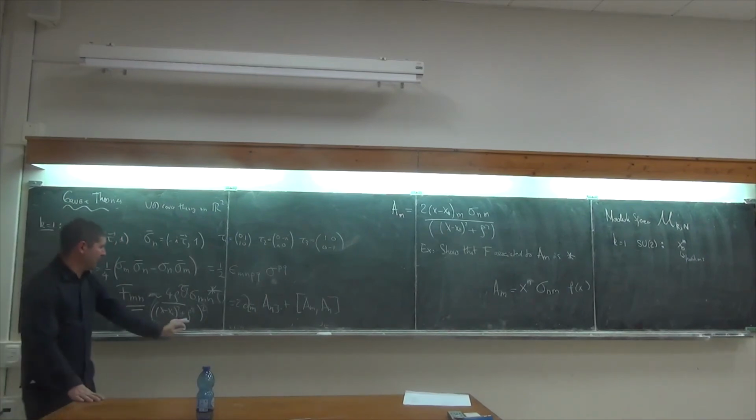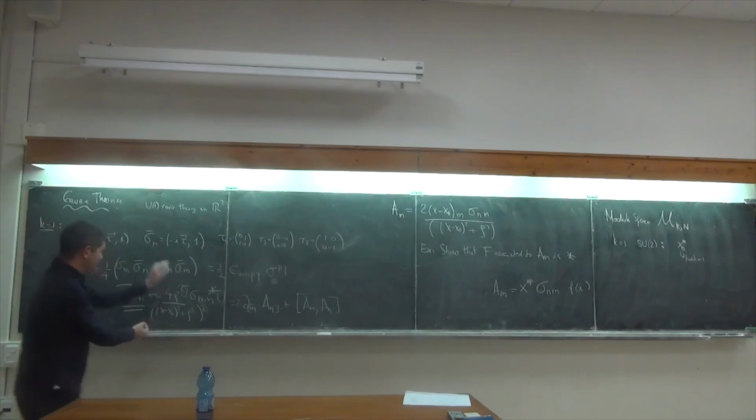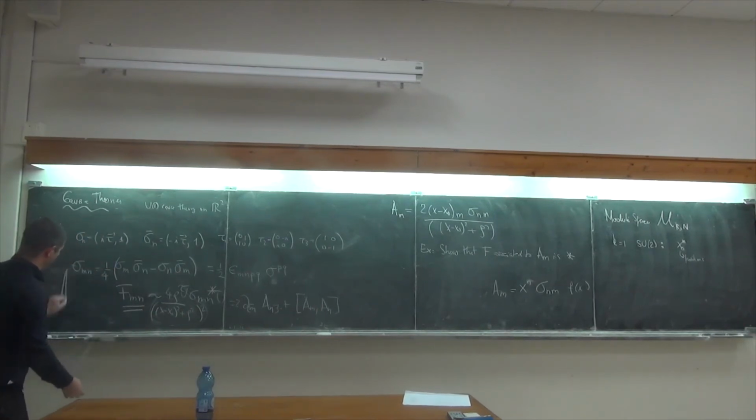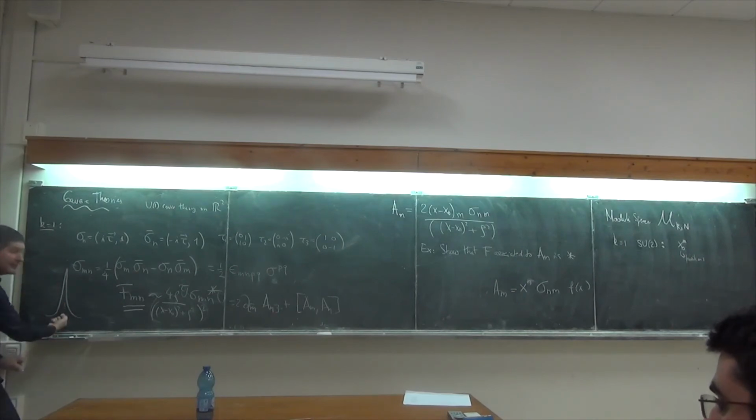You see that, for example, if rho is very small, then when you are close to x0, this f grows a lot. This is what is called an instanton. It's something that happens in an instant of time. At that instant of time, x0, there is a peak on f. This is why it comes the name instanton.